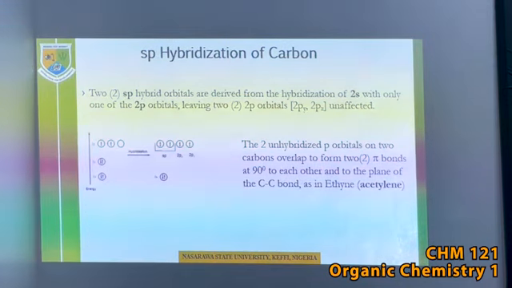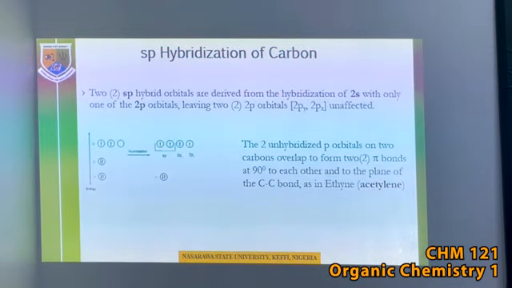Now, the other type of bonding in carbon is sp hybridization, and this results in what we call a triple bond. So here you have 2 sp hybrid orbitals resulting from the hybridization of a 2s orbital with only one 2p orbital.